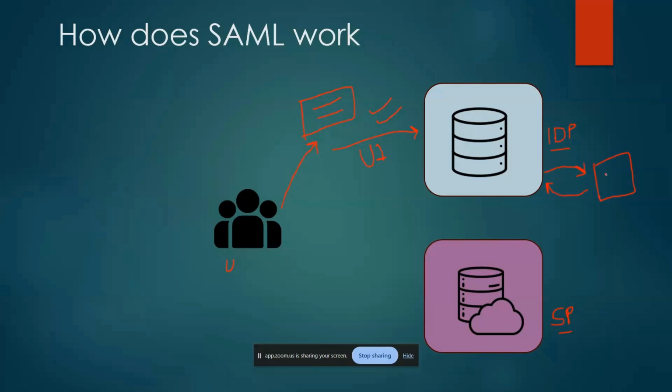Then it forwards a response back to the service provider with the user information it got from here. The service provider validates it and confirms: this user you have authenticated, I have authorized, and only then you see hello.